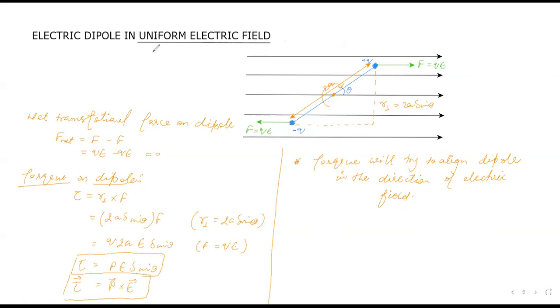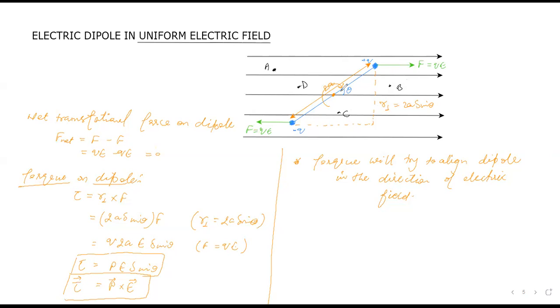When the field is uniform, then at each and every point in the whole region of the uniform electric field, you can take a point either at A, or at B, here at C, or here at D. But at each and every point, the value of the electric field is the same. Uniform. Then we can say this field is uniform.